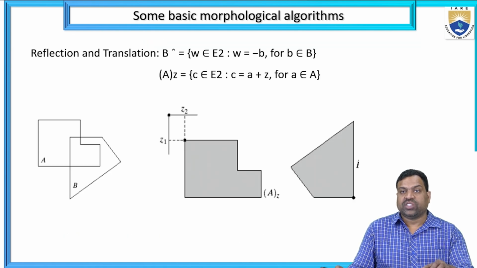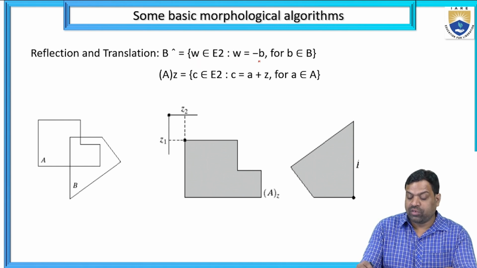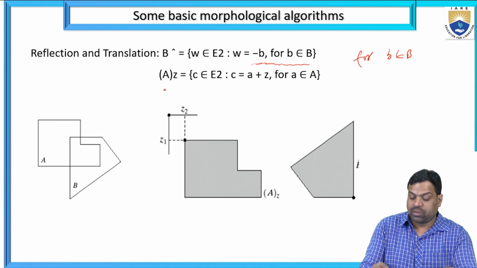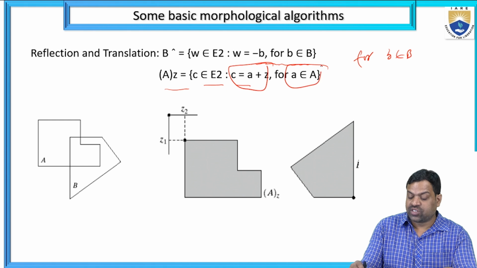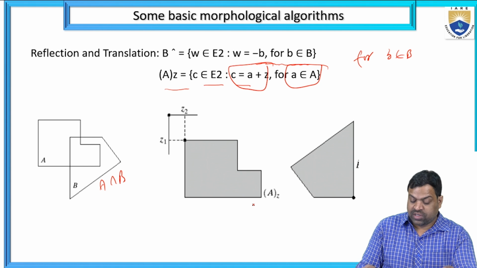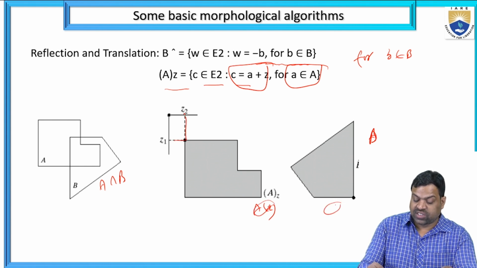Another example is reflection and translation. If I take the reflection of B and the translation of B by z, here I am taking A union B, A intersection B. Graphically I am taking the intersections as Z1 and Z2.